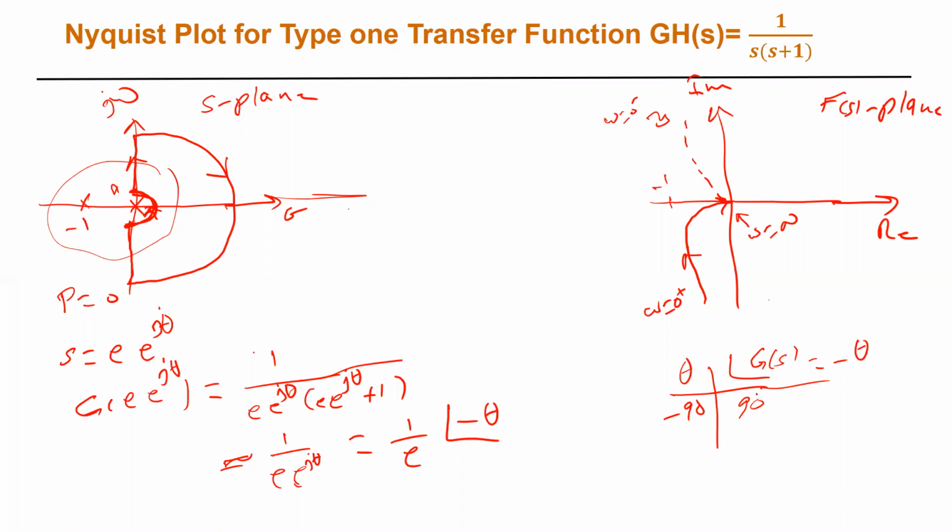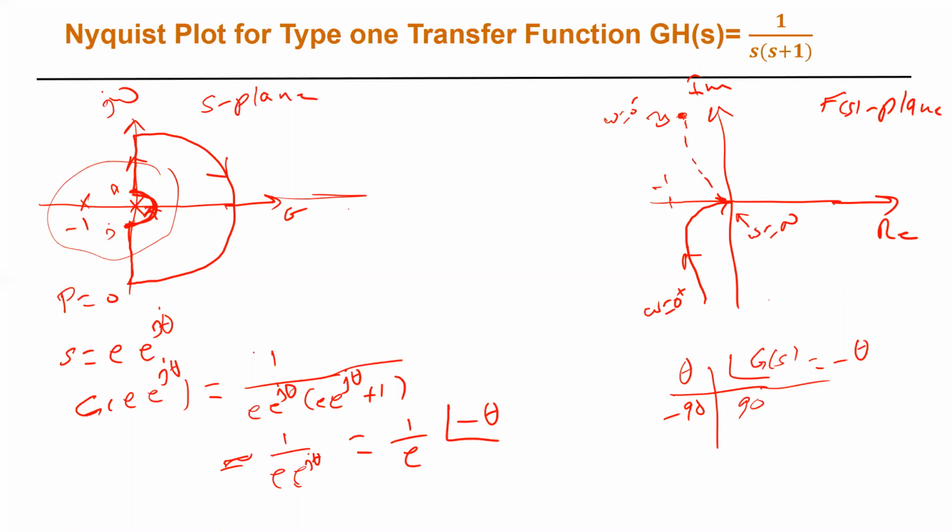So where is this point? Call it J. This gets mapped to this point in here, to the 0 minus. I'm mapping this point to this point.